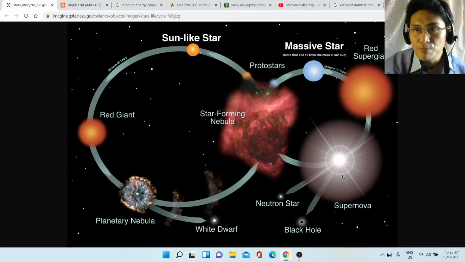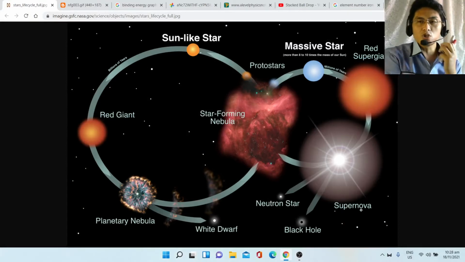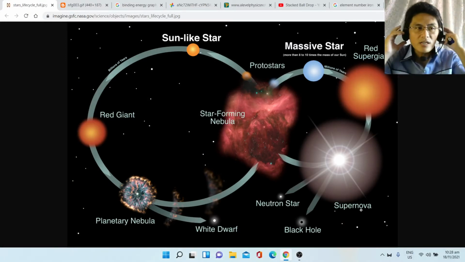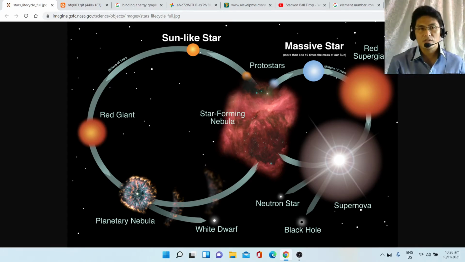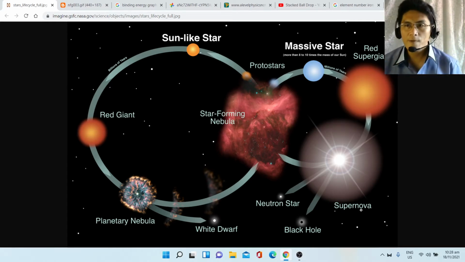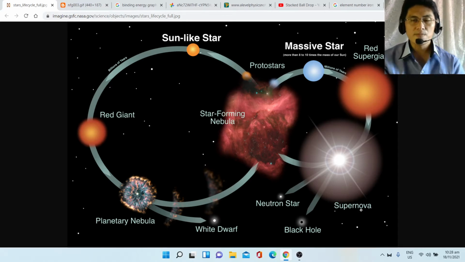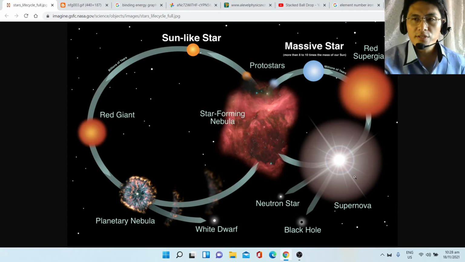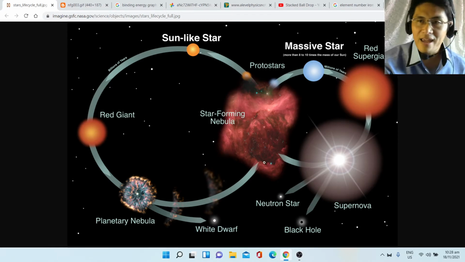That's why it's called super, and it's not just nova, but it's called supernova because supernova explosions have very, very large energy output. Sometimes the energy output of a supernova is even bigger than the energy created by the lifetime of a star. Sometimes, not all the time, but the point is, supernova explosions have more energy than what the core of a star can provide.